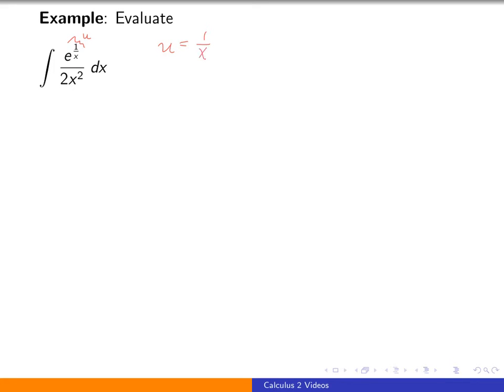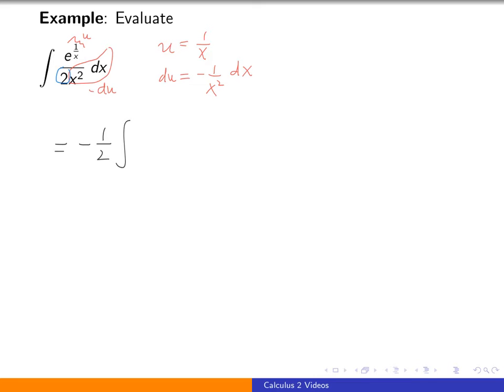And what I like about that is the derivative of 1 over x is minus 1 over x squared. And we don't quite have the minus sign that we want, but this 1 over x squared dx is minus du. So let's do two things here. We have this minus sign associated with the du, we'll pull that out front. And then you also have this 2 in the denominator, which we'll pull out front as a 1/2.